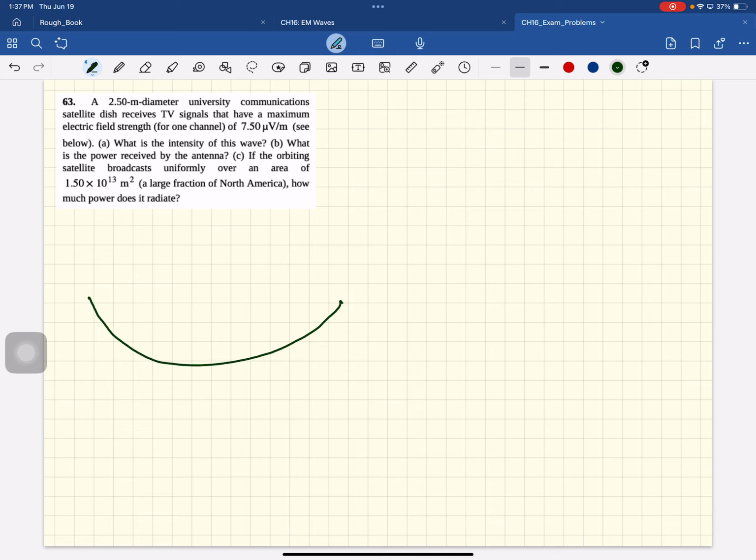You have a dish like this because the signal is weak, and then you focus all this into a tiny antenna, and then you get a large enough signal that you can process. So the weaker the signal, the larger the gathering area you want. That's why telescopes have to be larger and larger the further out an object you're looking at, because the signal is weaker and weaker.